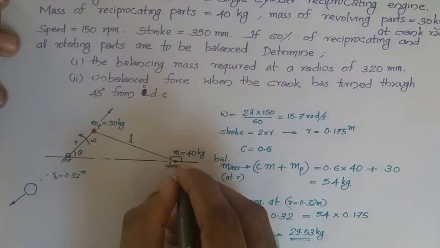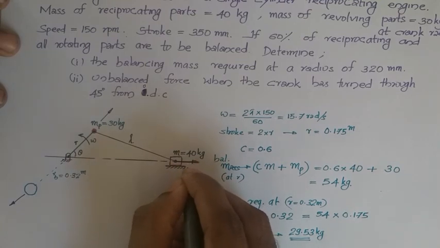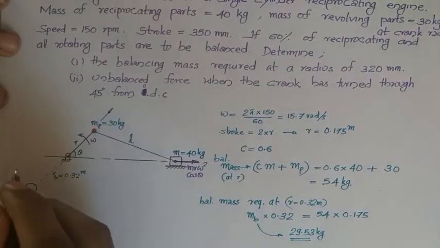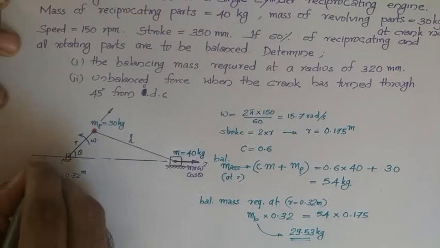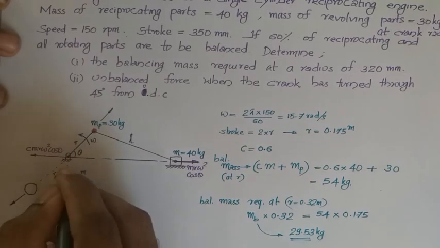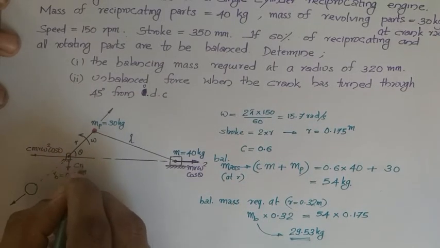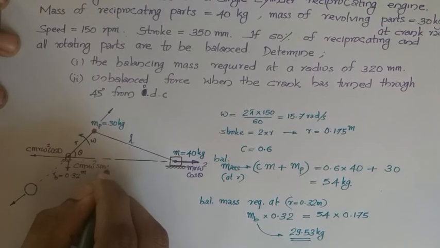But if you are taking the reciprocating mass, the unbalanced force is m r omega square cos theta, and if you are balancing only a fraction, then C m r omega square cos theta will be horizontal, and C m r omega square sin theta will be along the vertical direction.